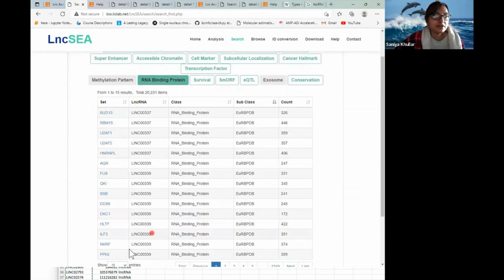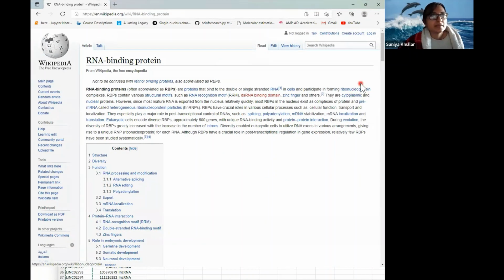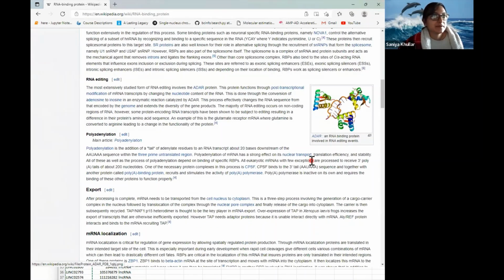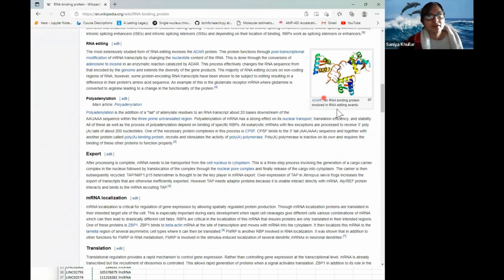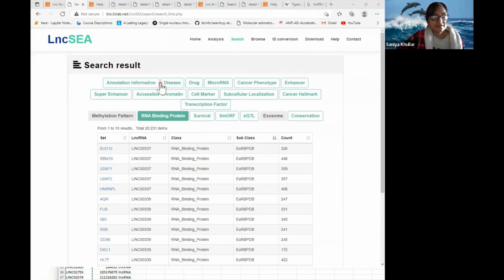What RNA binding proteins do is they bind to single or double-stranded RNA in cells, and participate in forming ribonucleoprotein complexes, RNA recognition motif, double-stranded RNA binding protein, zinc finger, and others as well. RNA binding protein involved in RNA editing events. So there's so much more, and I'll try to make more videos on that, but this is the search.